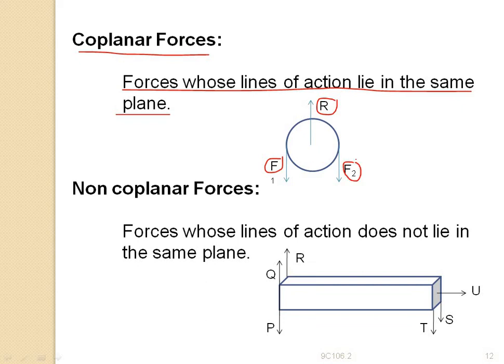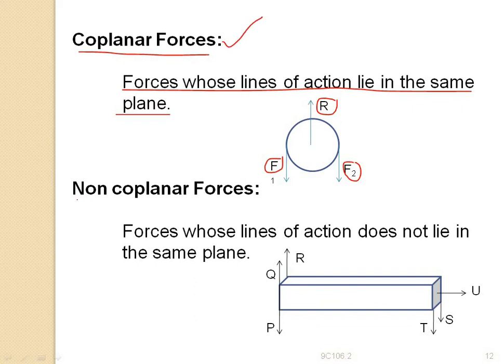F1 and F2 act vertically downwards, and R, the resultant, acts in the upward direction. Forces whose lines of action lie in the same plane are known as coplanar forces.